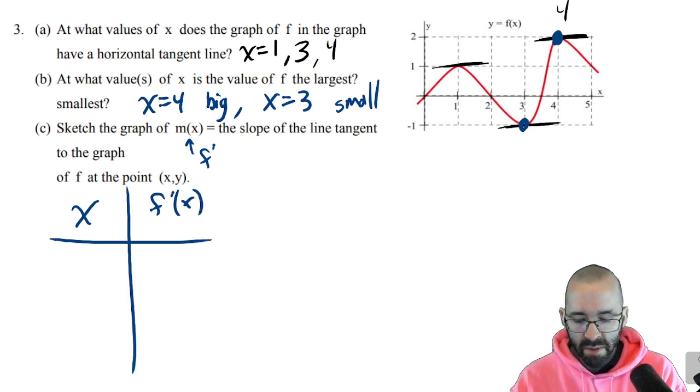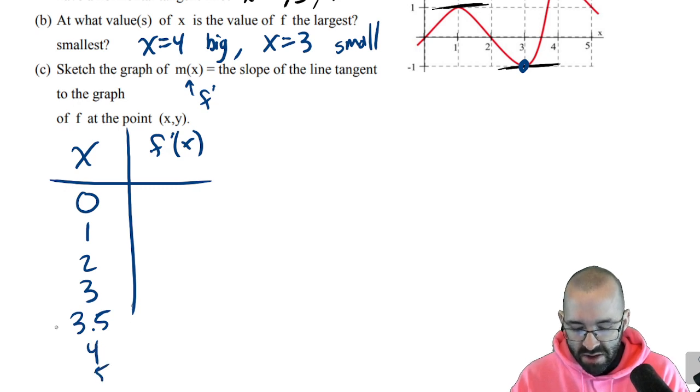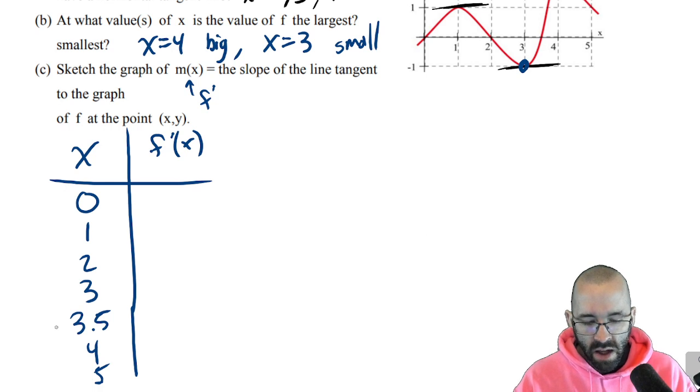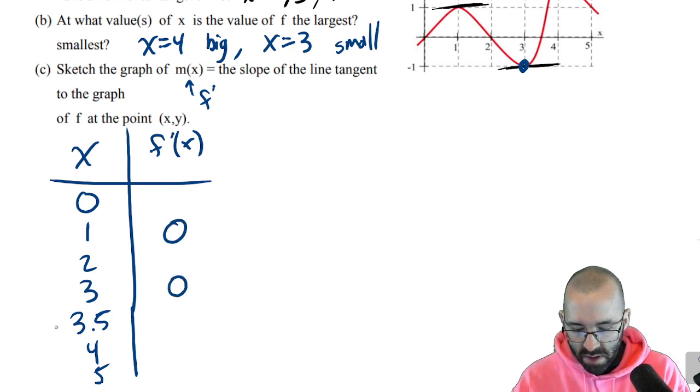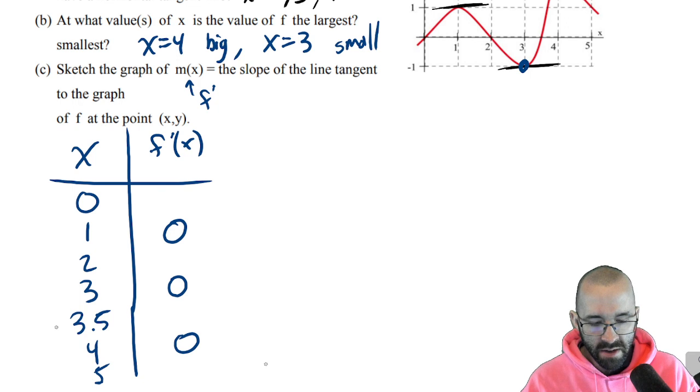We already know some of them, but let's have space for 0, 1, 2, 3. Maybe we'll do a 3.5 again. And then 4 and then 5, just like the last example from the last video. Well, we already know the slope is 0 at 1, 3, and 4. We already found that.